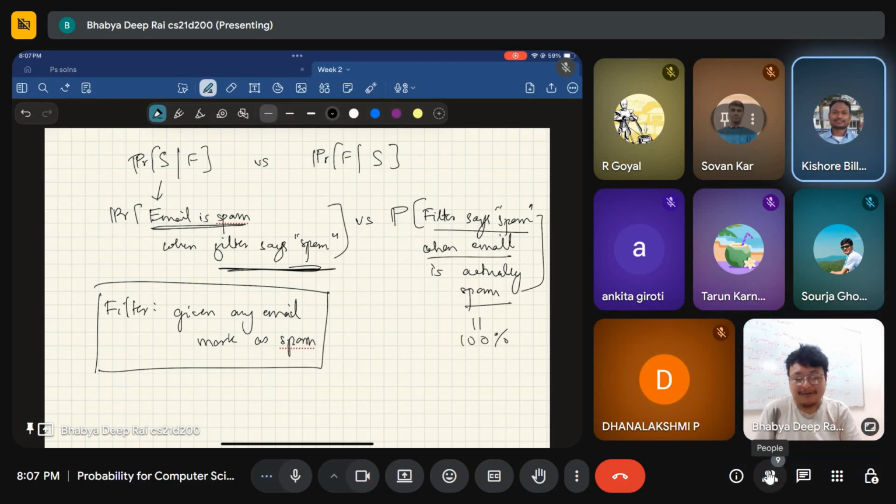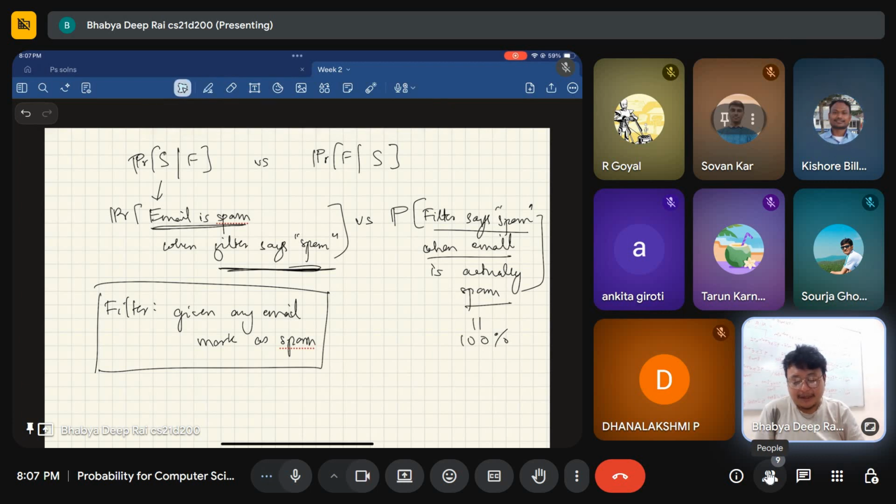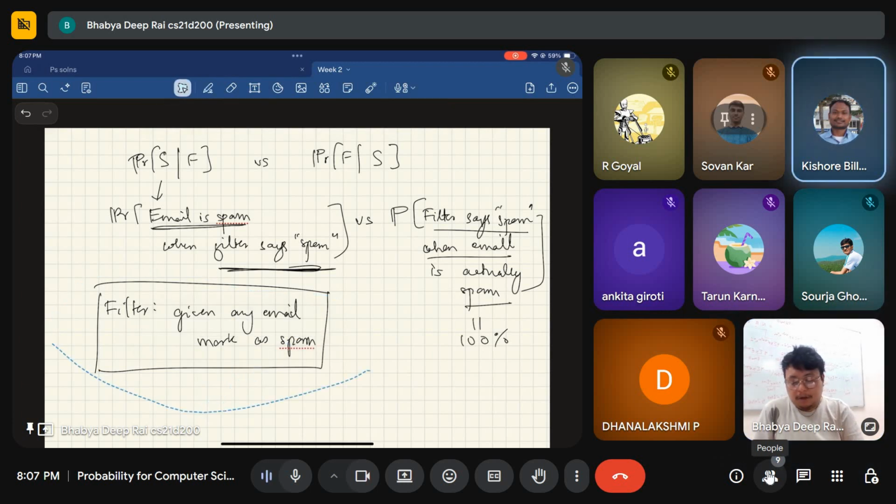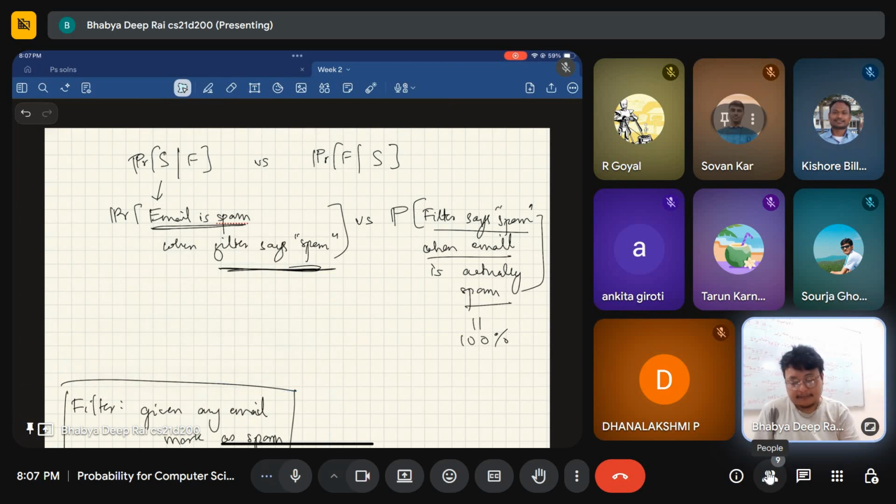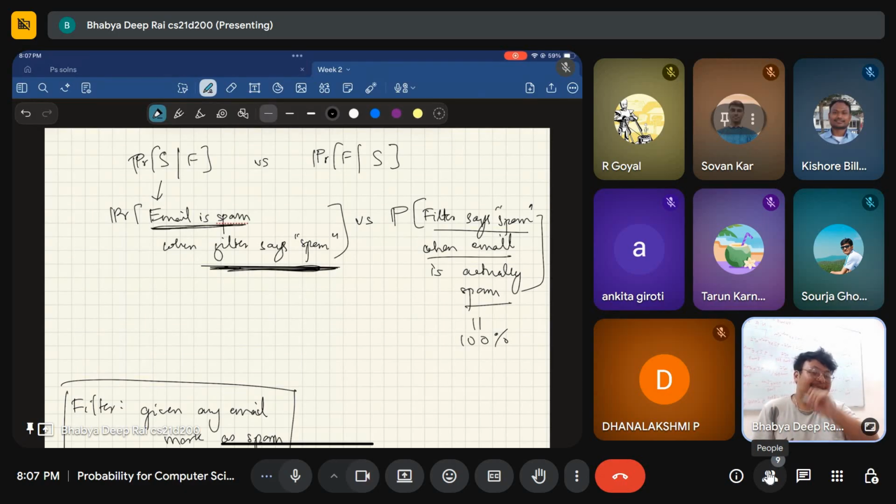Now let's look at the other probability. When the filter says spam, what is the probability that the email is spam? Is this also 100%?